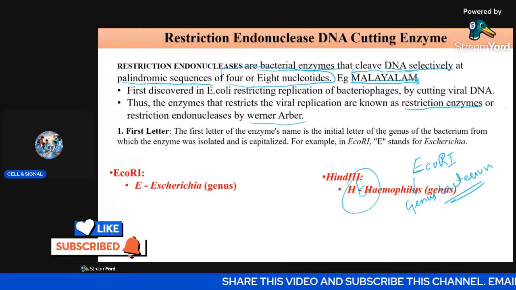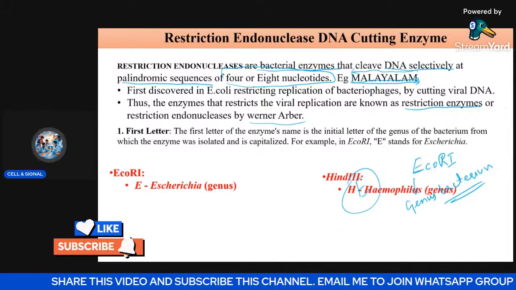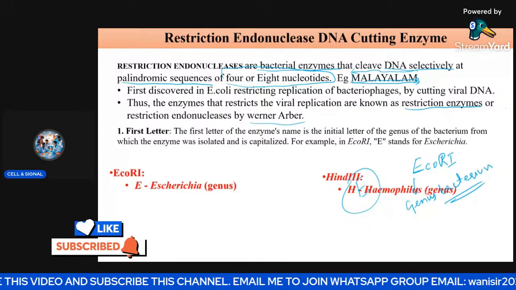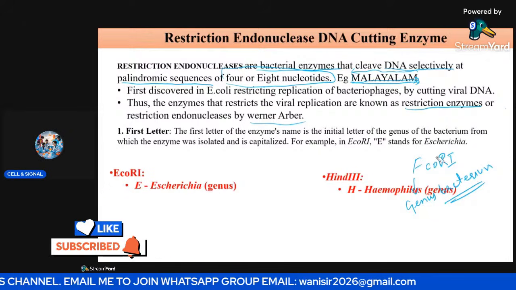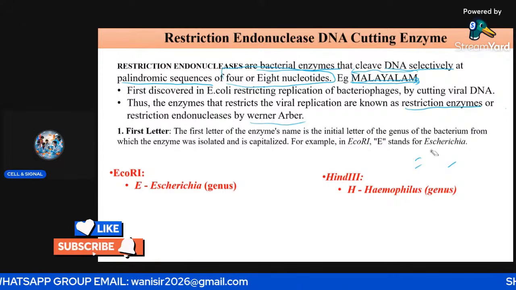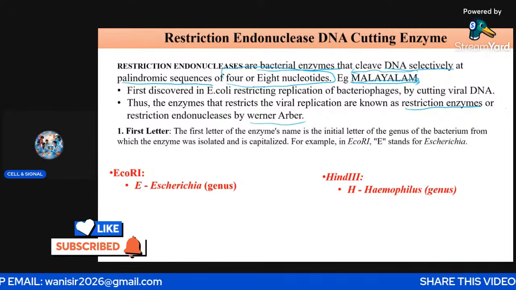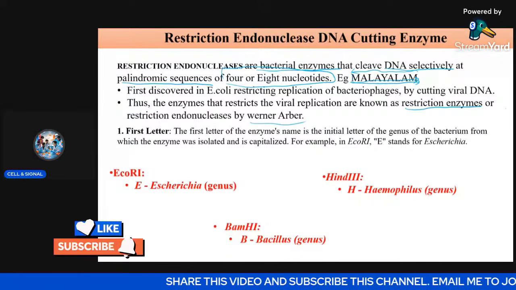Like another restriction enzyme, HindIII, H stands for Haemophilus genus. That means this restriction endonuclease is isolated from Haemophilus, and this is the genus name of the organism. In the same way, BamHI, B stands for Bacillus.